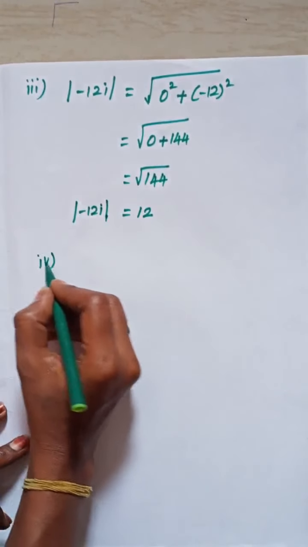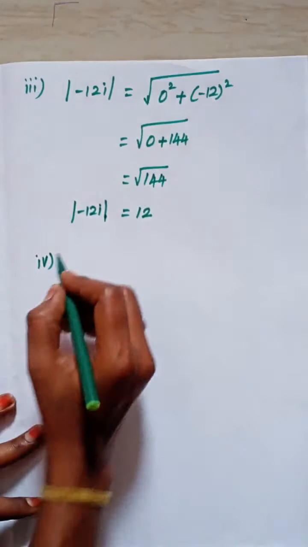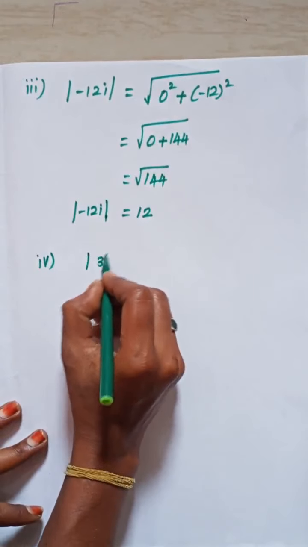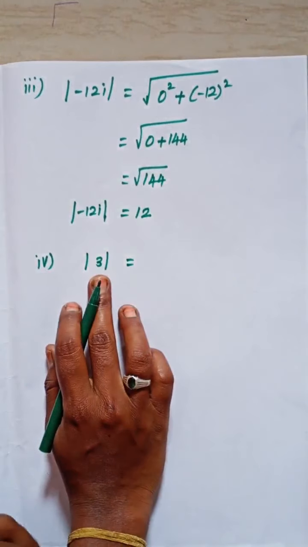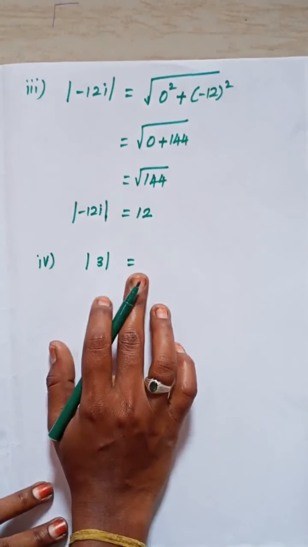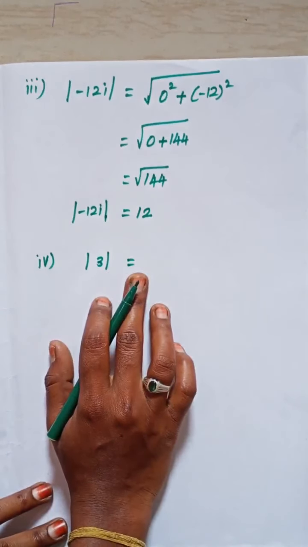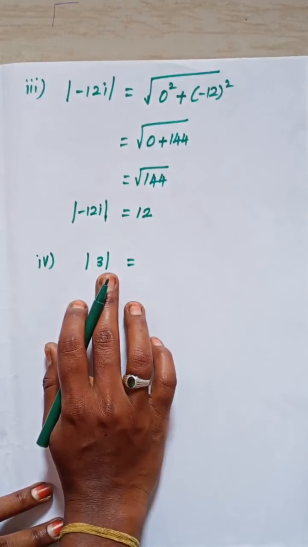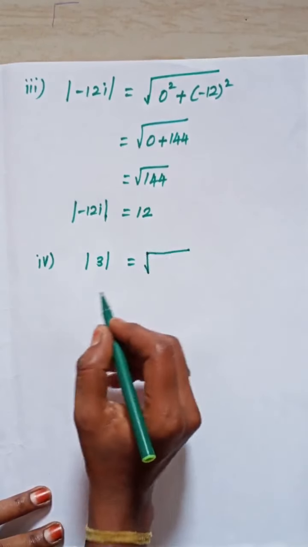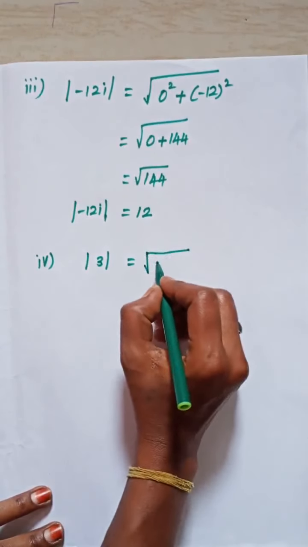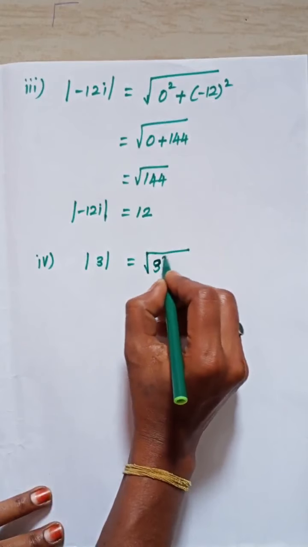See the fourth result. For example, modulus of 3, which is equal to, here only the real part occurs, the imaginary part is 0. So we can write it as the square root of 3 squared. 3 squared is 9.